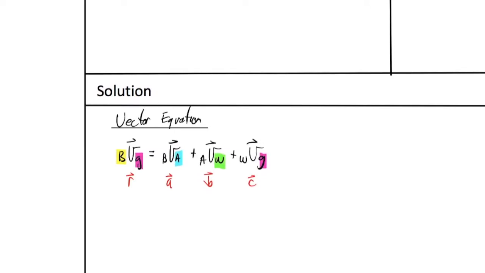All right. So now when we look at this, we realize that we're not going to get a triangle out of this. This will make a quadrilateral. It's likely that BVG will not be 0. So when we have this situation, we automatically know that we should use the component method. So we can draw the vector diagram and then do the component method. But generally speaking, when you see that we have a 4-term vector equation, immediately we go into component method.